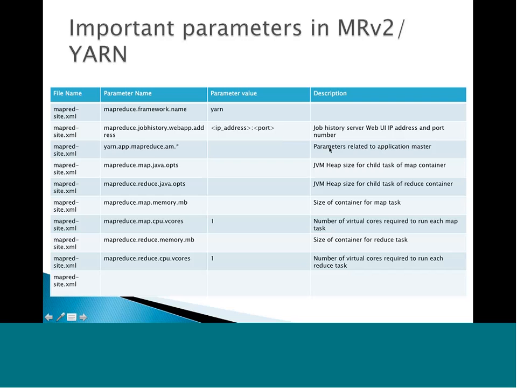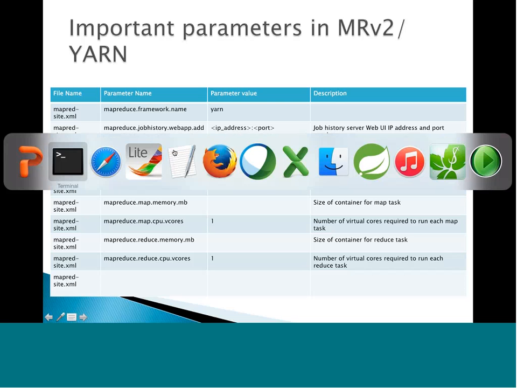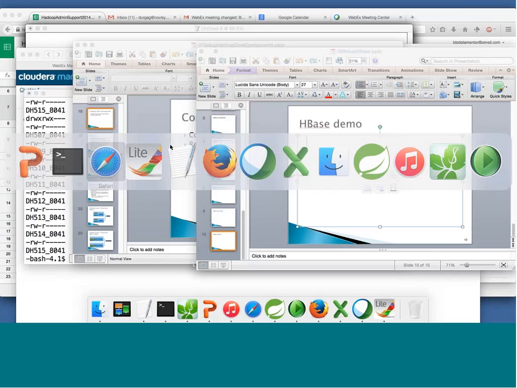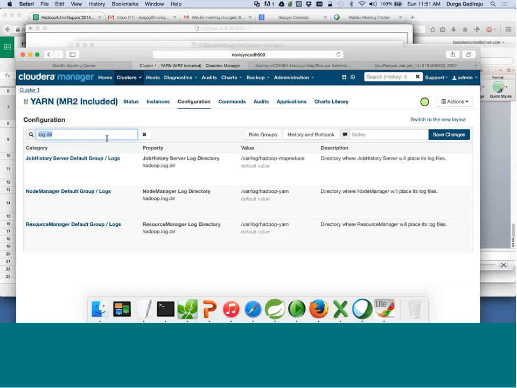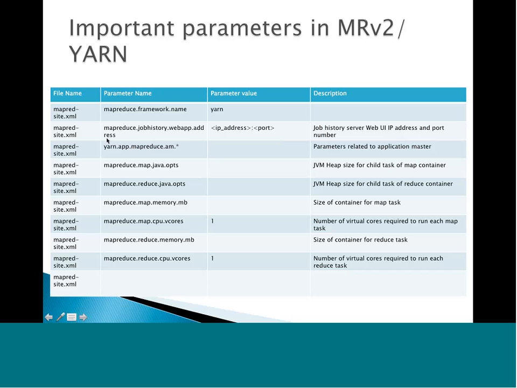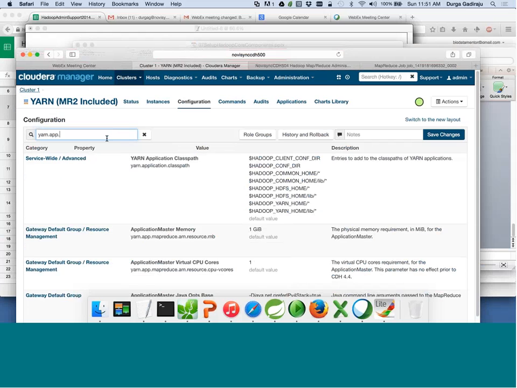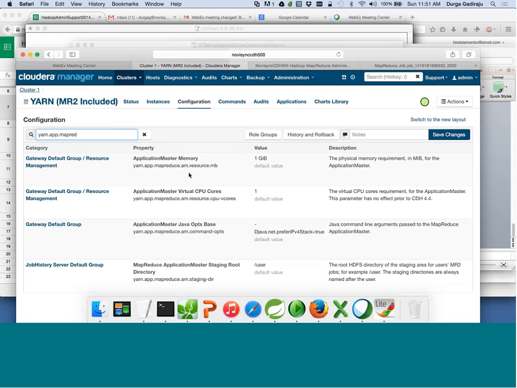Okay. And then yarn.app.mapreduce.am, AM stands for application master. So there are a bunch of parameters at application master level. So if you go here and search for yarn.app.mapreduce.am, there are a bunch of parameters related to application master.